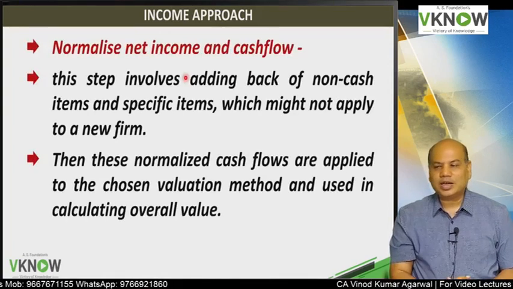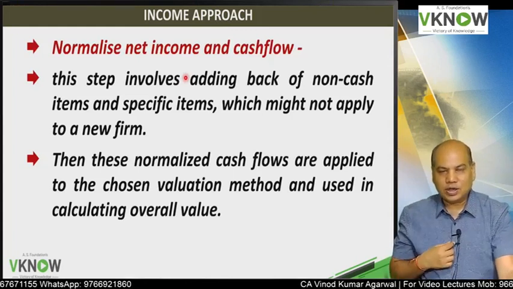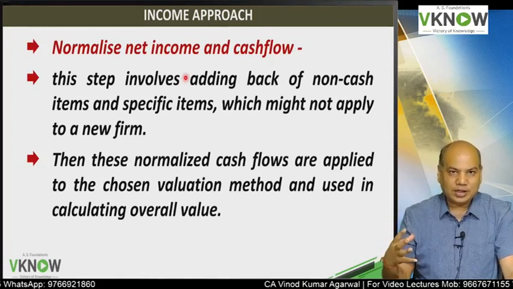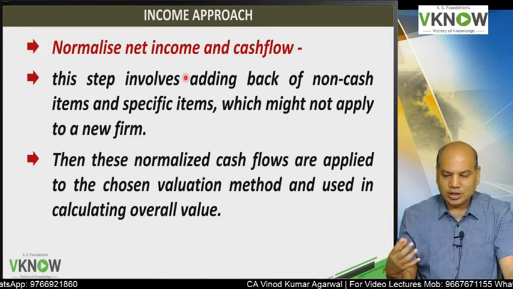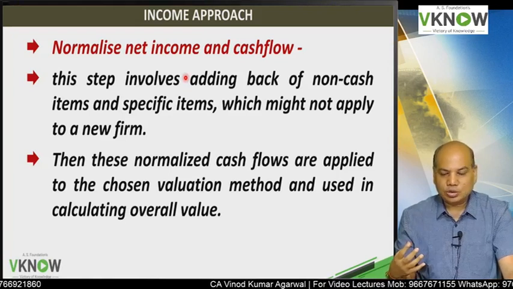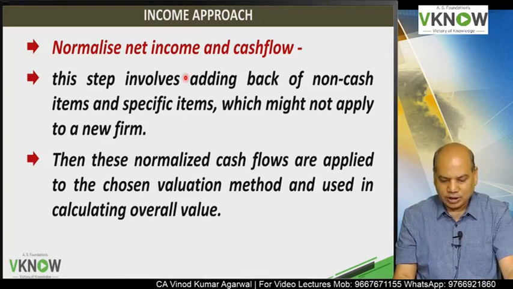Only some hint they are giving, but that also we have already discussed. And what is that? If your income contains some abnormal item, extraordinary item, non-recurring item, then those items will be required to be added back.